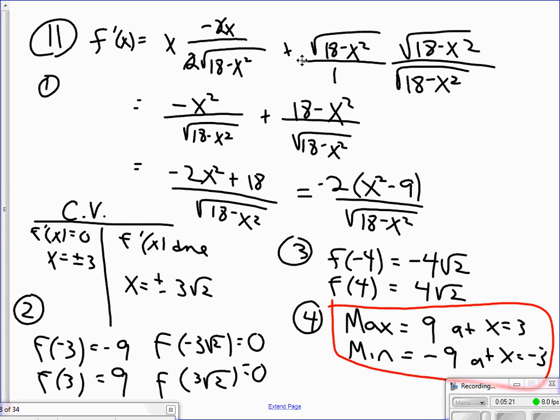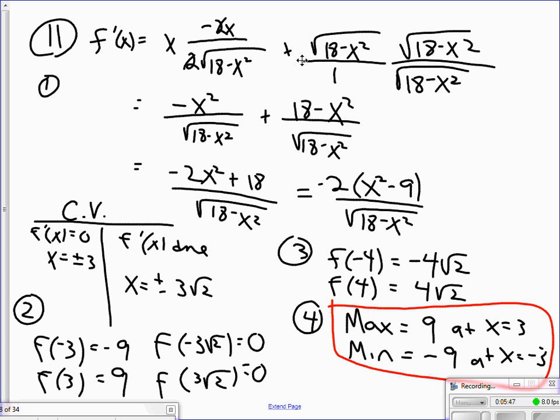You look at the numerator, set it equal to 0, and x is 3 or negative 3. When you set the denominator equal to 0, don't worry about that square root. You can just square both sides. So 18 minus x squared equals 0 when x equals plus or minus root 18, or plus or minus 3 root 2.